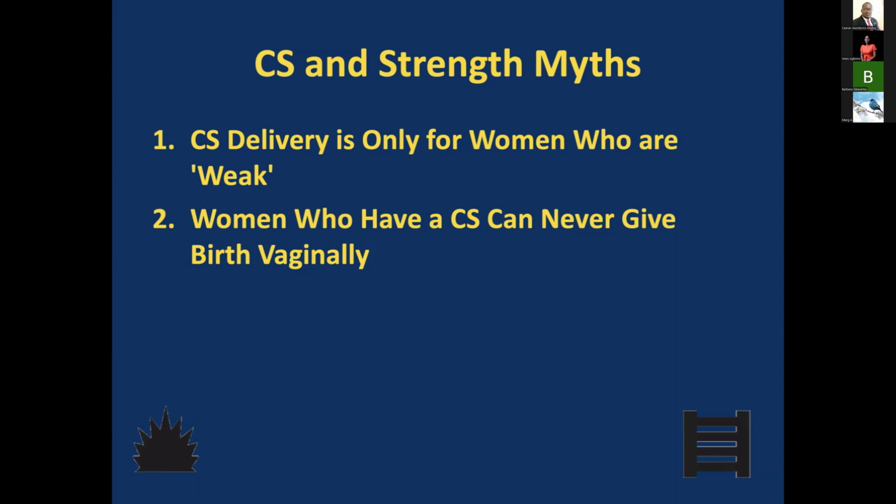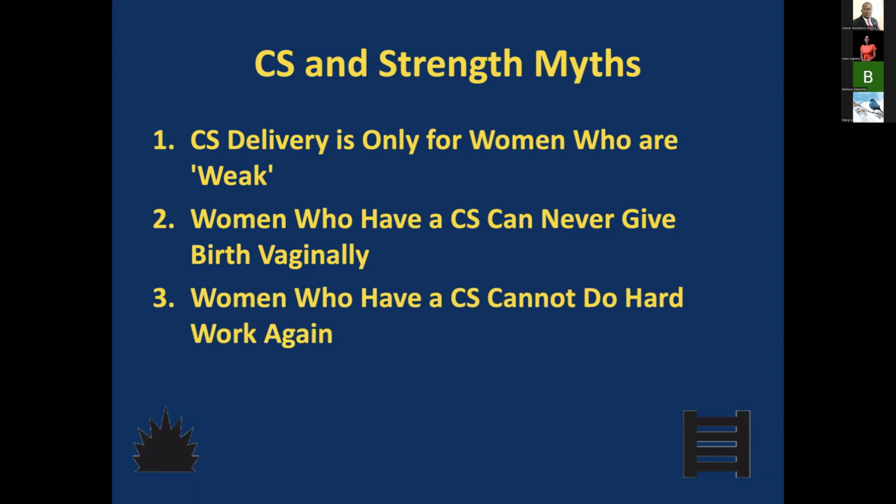So that myth, I think there are lots of people walking around who have done one cesarean section and after that have had 2 or 3 vaginal deliveries. Also, the myth that women who have cesarean section cannot do hard work, which I think I have explained. You see people who have delivered and just after some few months, 3 or 4 months, they are back to their normal routines, especially those in the offices.